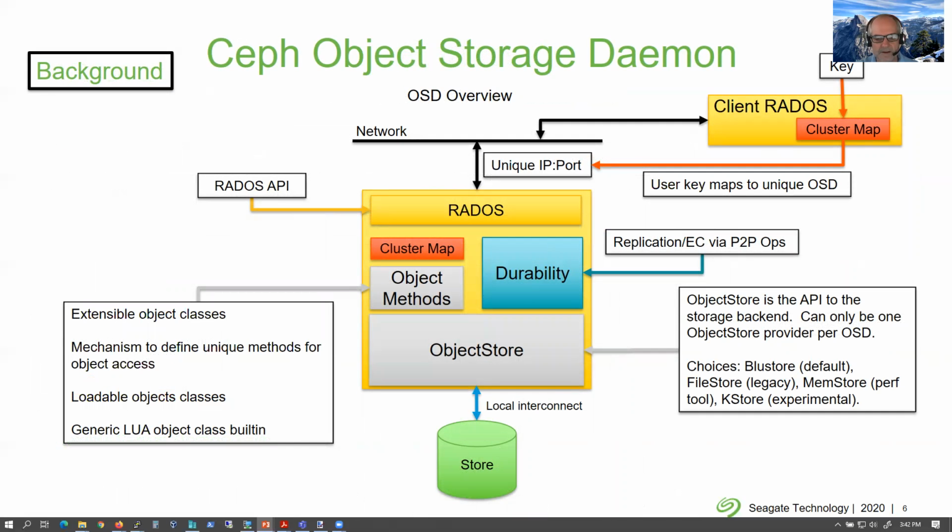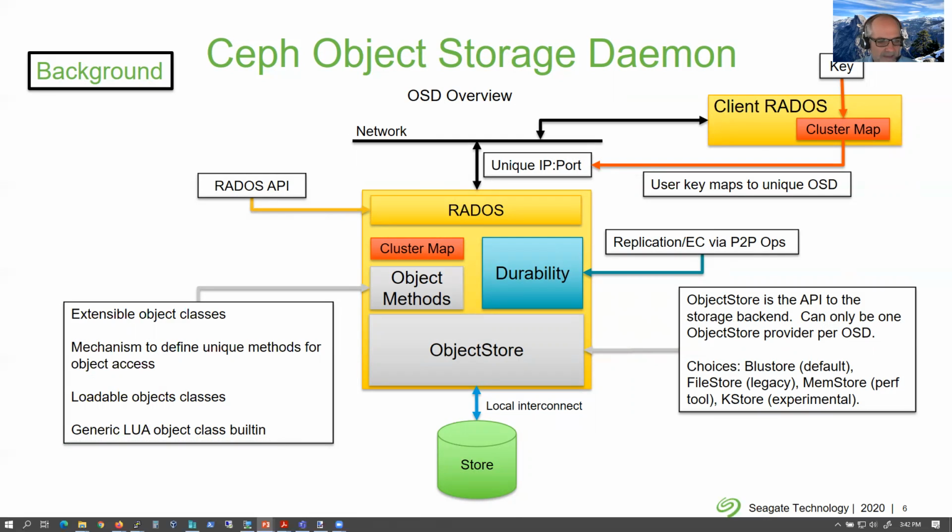To integrate a key value network drive into Ceph, I'm going to have to modify the object storage daemon itself. This is a high-level block diagram of some of the code that's inside an OSD. You have the Rados API layers on top, which accept the I/O requests from their clients, and also interact with other OSDs inside the cluster.